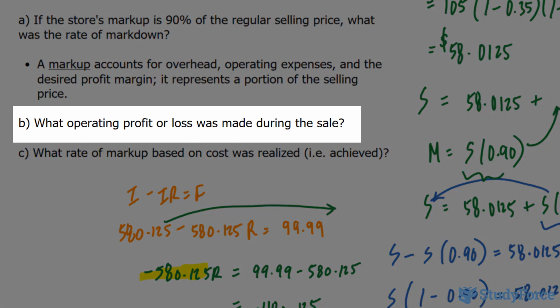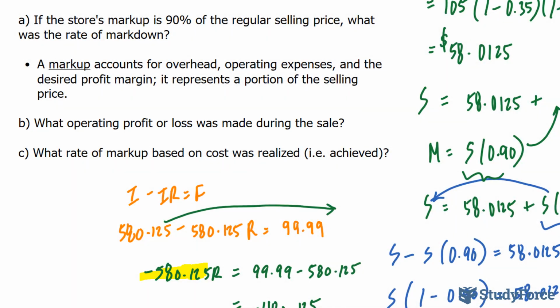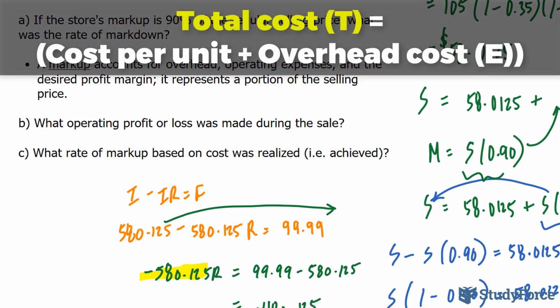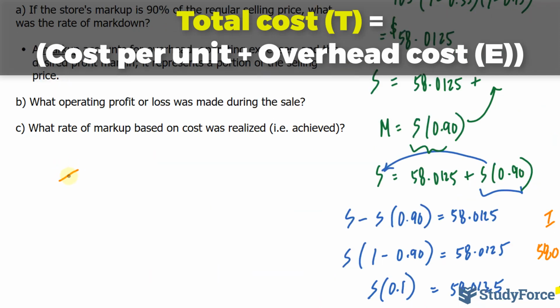What operating profit or loss was made during the sale? So as a result of putting on this sale, did you make a profit or was there a loss? To do this problem, we have to find the total cost of this item. I'll represent that as T, and it's found by taking the cost per unit, which we represented as N, but for simplicity, we'll call it C, so that we know that it represents cost.